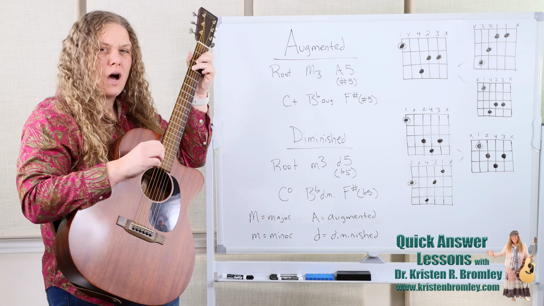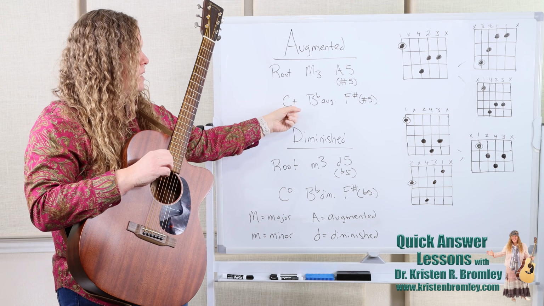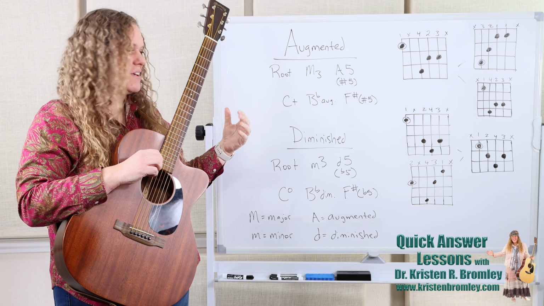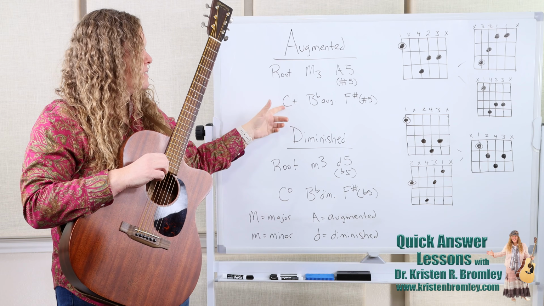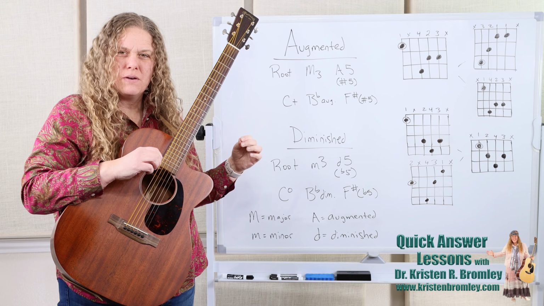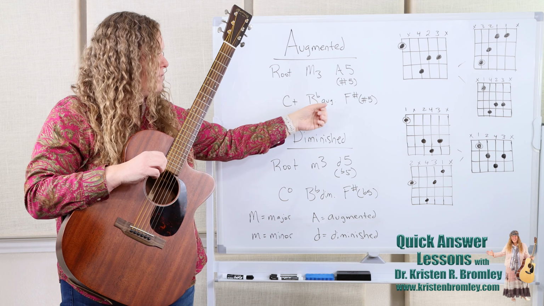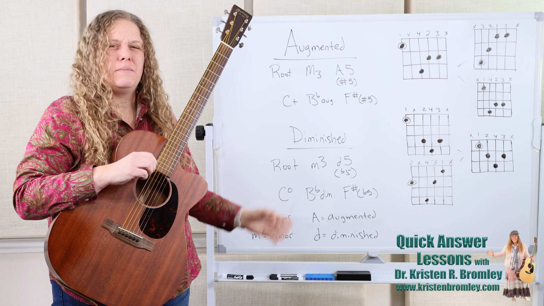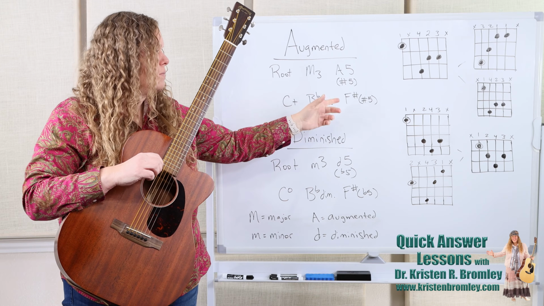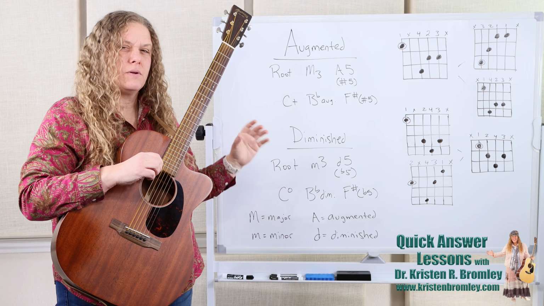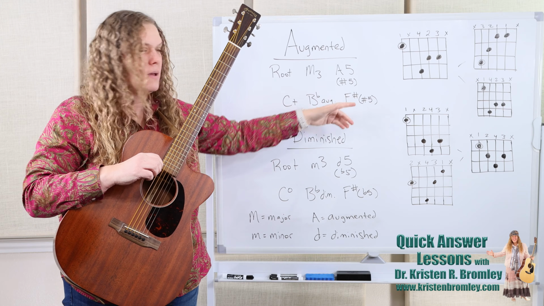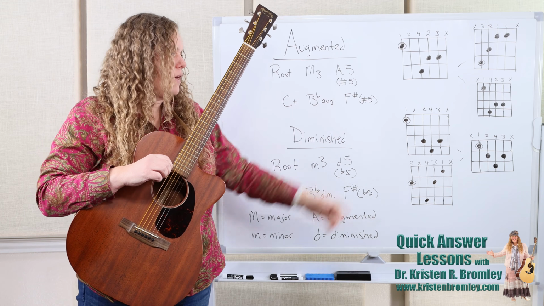The chord symbol for an augmented chord usually has a plus sign next to the root, so C plus, C augmented, or it could have AUG, short for augmented, like B flat aug. Or it can have a sharp 5 in parentheses, or even plus 5 in parentheses, but if it's going to use sharp 5 to not be confusing with, say, F sharp as our root, then sharp 5 will be in parentheses.